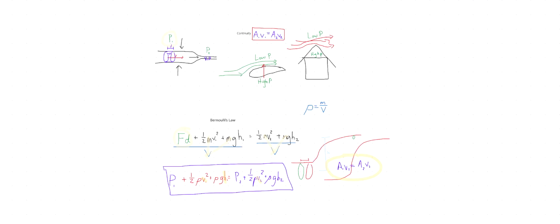So imagine either squeezing a toothpaste tube on the thick end so that it goes faster out the smaller end, or imagine a tornado. The wind goes fast over the top, so a lower pressure causes lift to pull your roof off. And then finally, we have Bernoulli's law, which is just a derived conservation of energy equation. And all of those formulas you don't need to memorize. They're in the formula sheet.